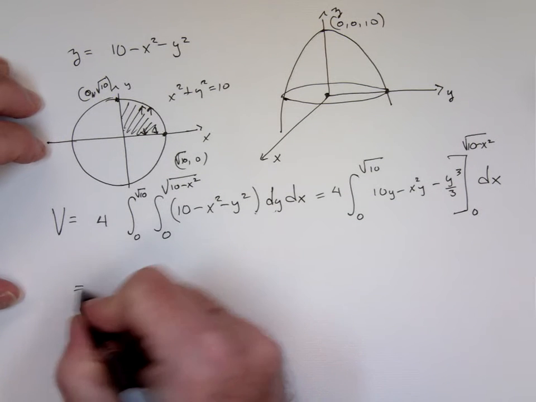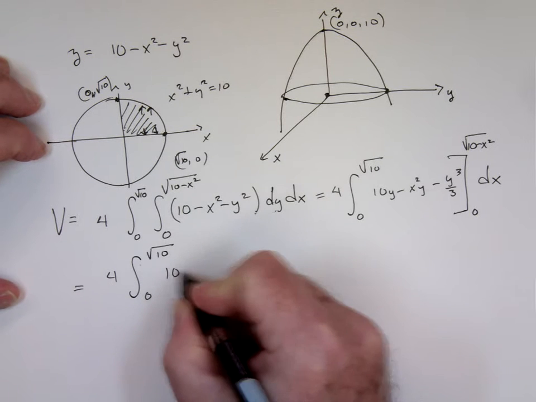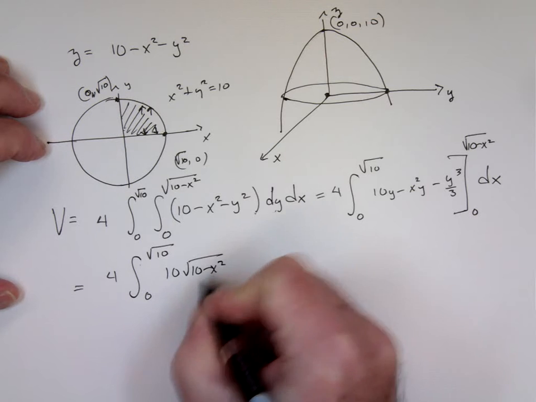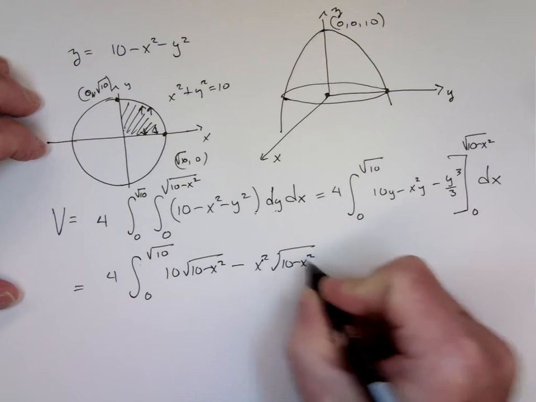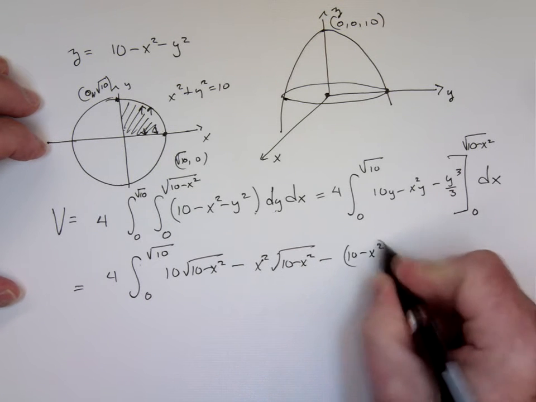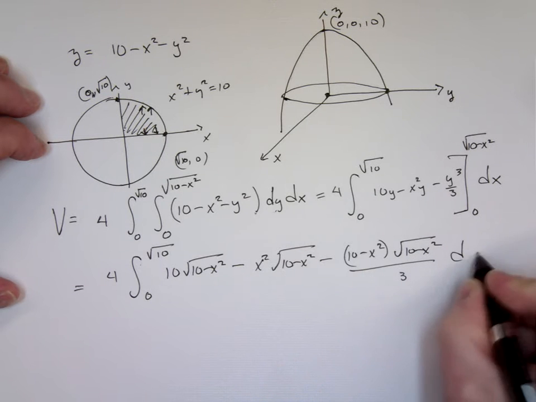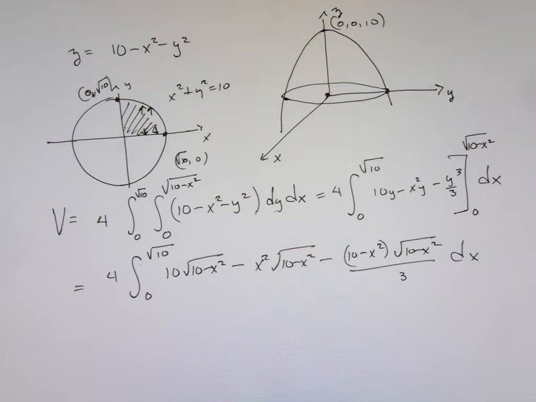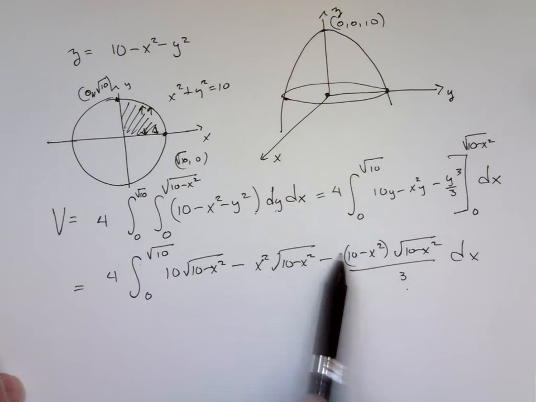You end up with 4 times the integral of 10 square root of 10 minus x squared, minus x squared square root of 10 minus x squared, minus this thing cubed, which is 10 minus x squared times the square root of 10 minus x squared, over 3, dx. Now that's not as bad as it looks because you get a 10 times the square root and then you have a minus 10/3 of them, so you can at least combine those.